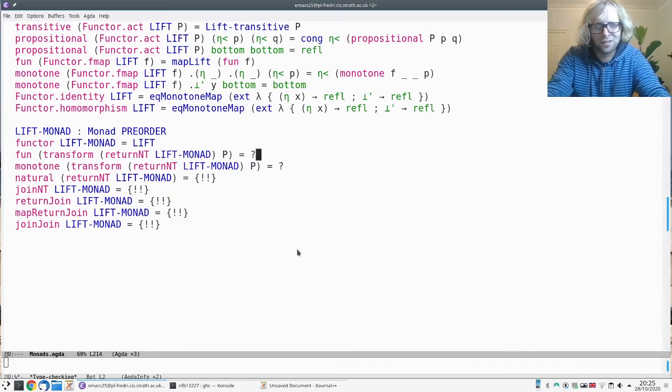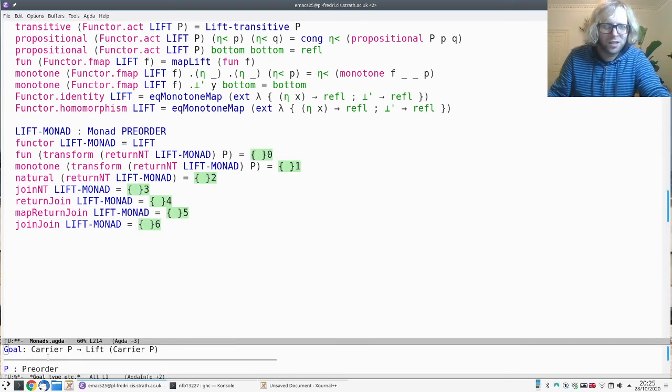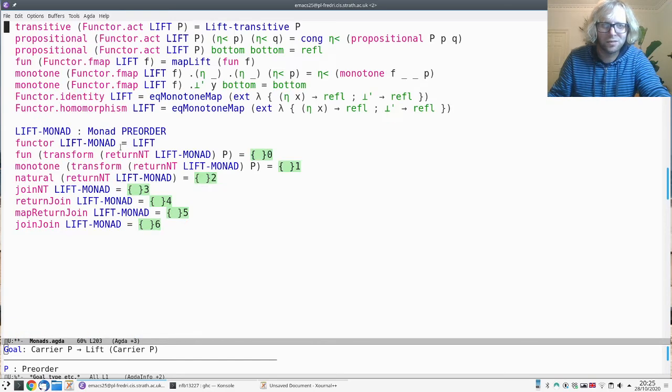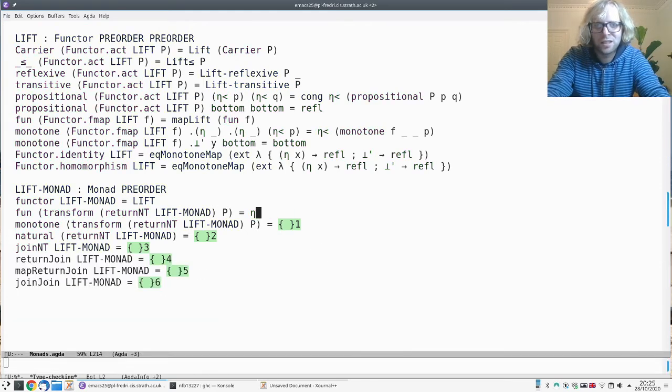So the underlying function should go from the carrier of p to the lift of the carrier of p, but that's what eta is doing here. Right? That's why we named it eta in the first place. So we can use eta for that.